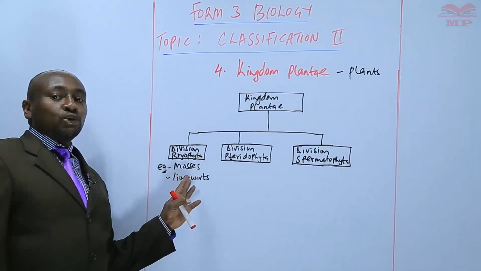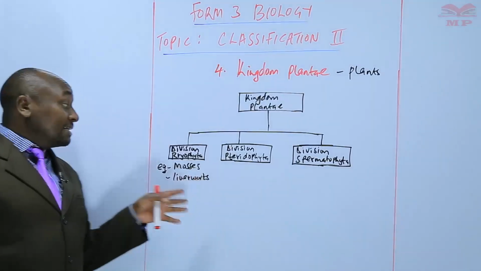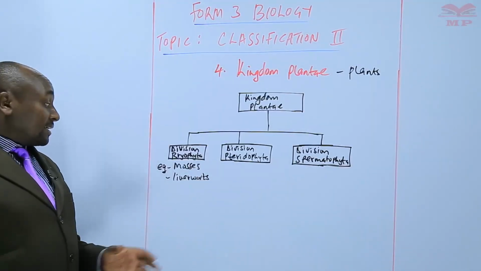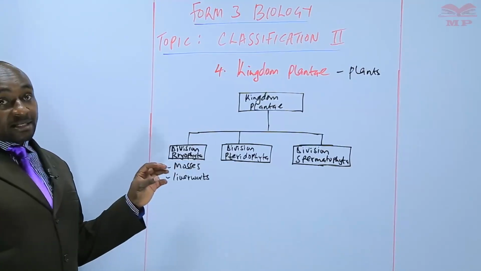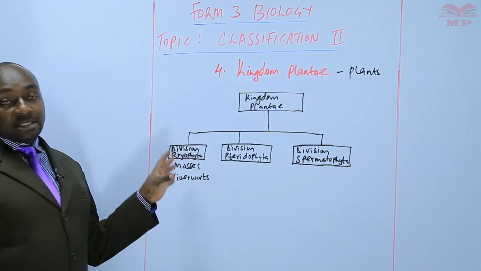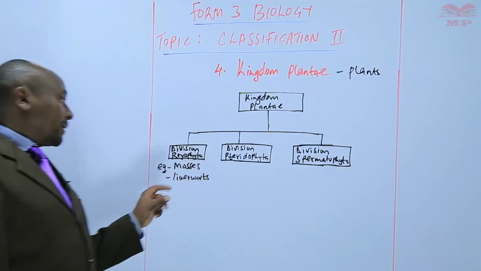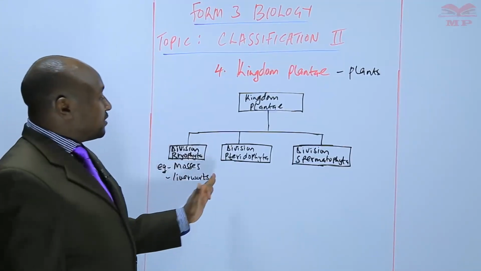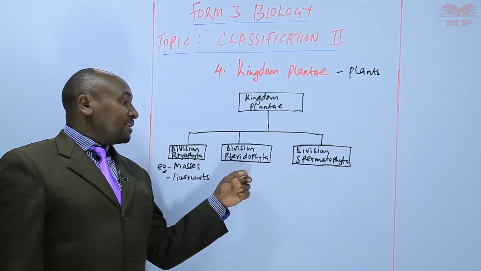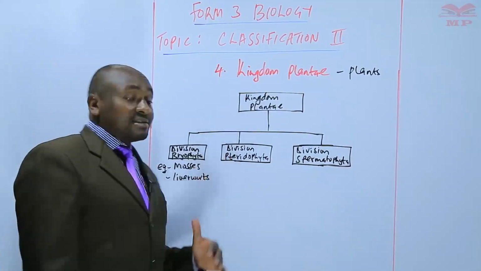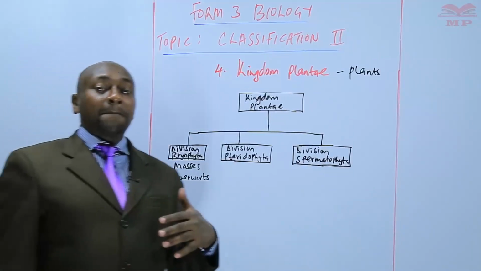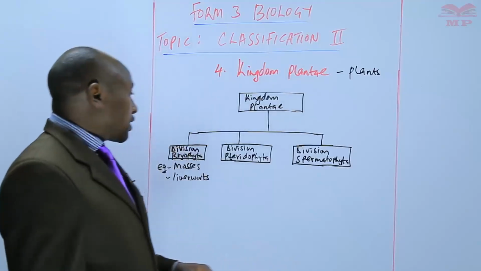These plants are not so advanced. They are the least advanced plants. In fact, they lack a vascular system. They don't have a vascular system. But we shall get into the details about them individually. Then when you go to division Pteridophyta, this division is a little bit advanced in terms of the size, in terms of complexity, and so on and so forth.